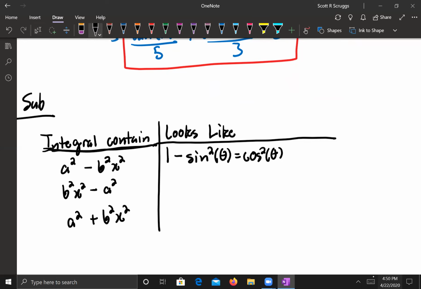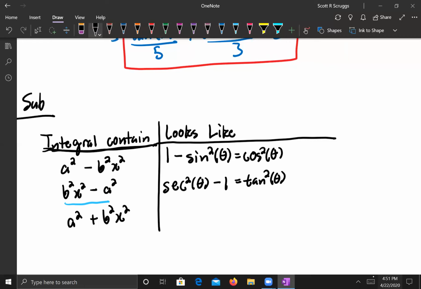For the second row, if I see an integral that contains b squared times x squared minus a squared, the trig identity that it looks like is secant squared of theta minus 1 equals tangent squared of theta.